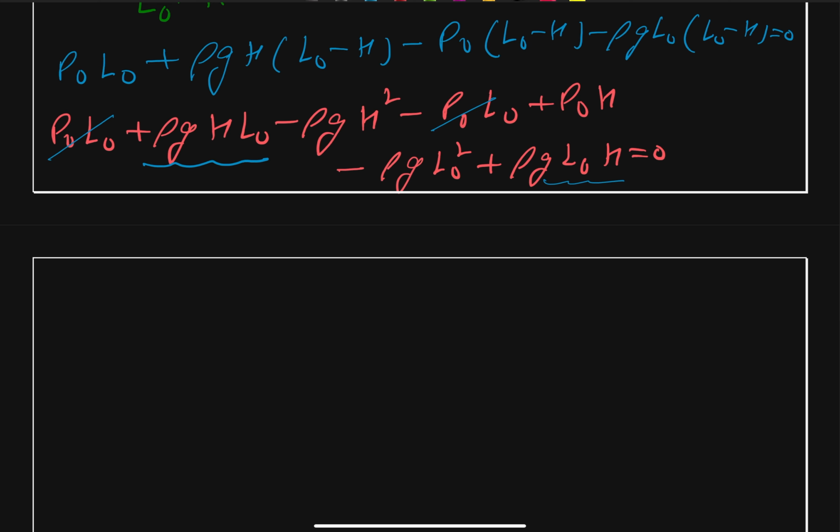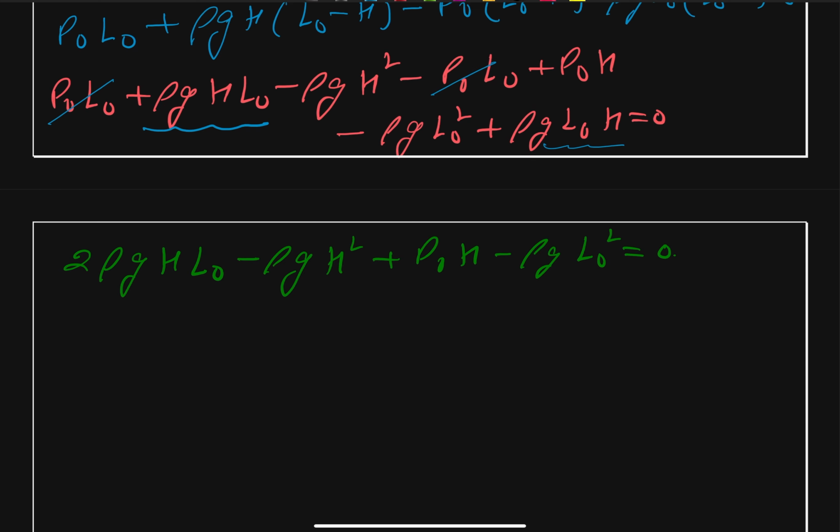Therefore we get 2 rho G H L naught, and the rest we can write as it is: minus rho G H square plus P naught H minus rho G L naught square is equal to 0. And we can just rearrange it, and that is going to give us the answer directly.